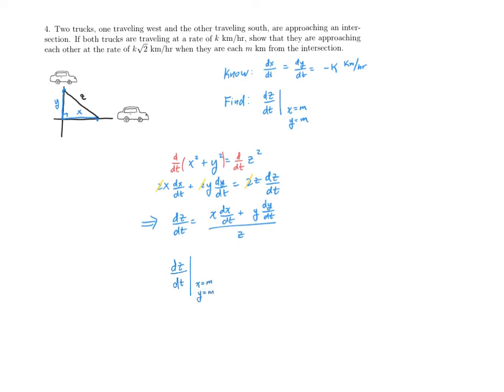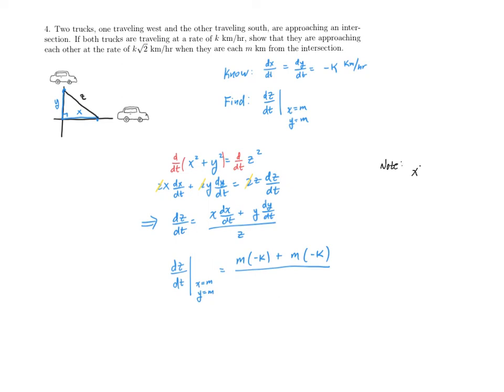So working with our numerator, x is m, dx/dt is minus k, y is m, dy/dt is minus k. The only quantity that we really need to determine here then is what is z. And if we know x and y, we can use the Pythagorean theorem to determine z. And this is once again a side computation.